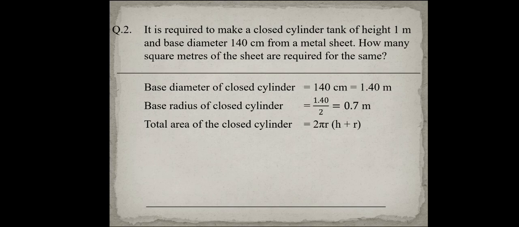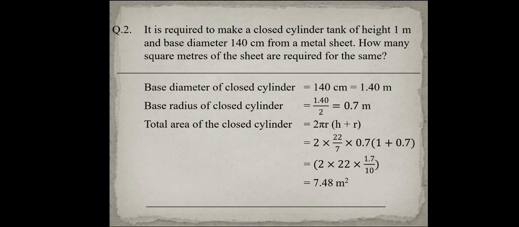That formula is 2 pi r into h plus r. Now put the values of height and radius, and by multiplying and adding we find that the area of this closed cylinder is 7.48 meter square. This is the area of the closed cylinder where top and bottom are also there.